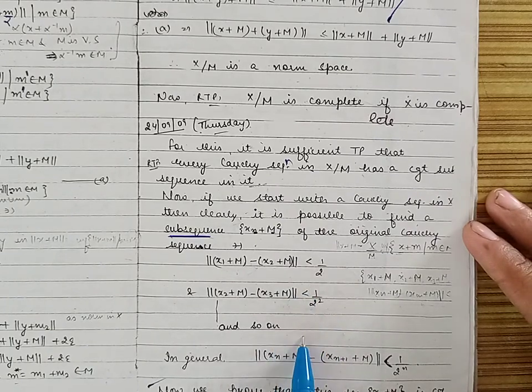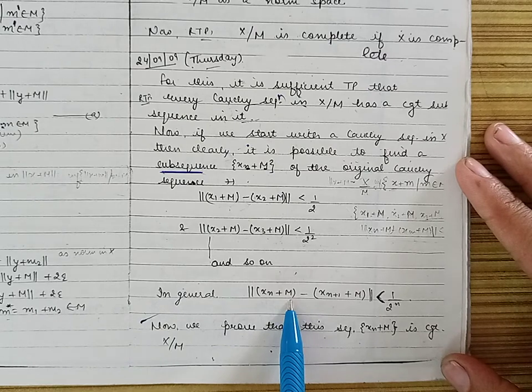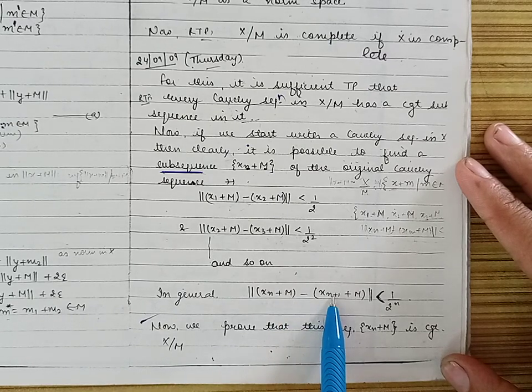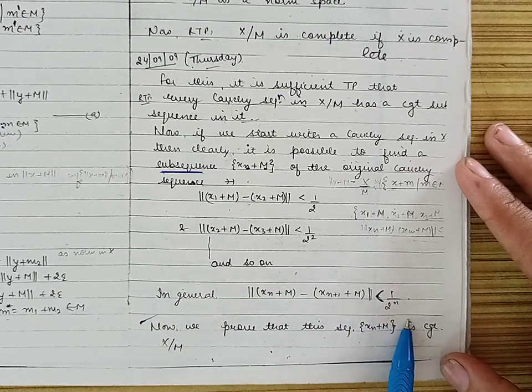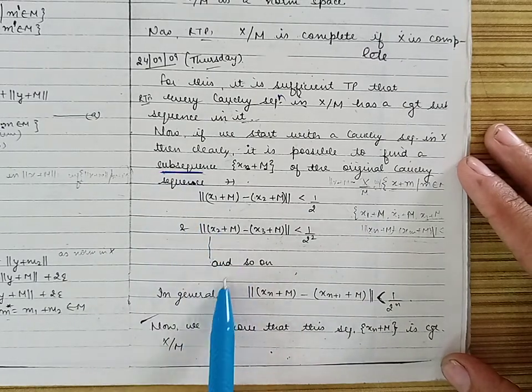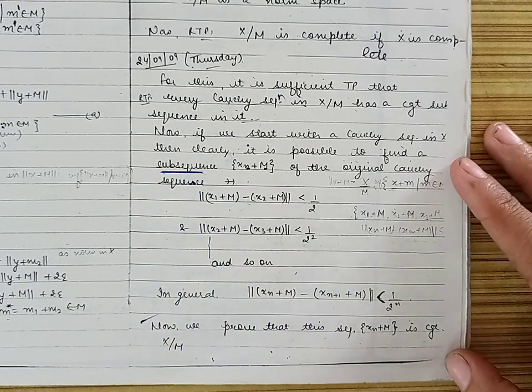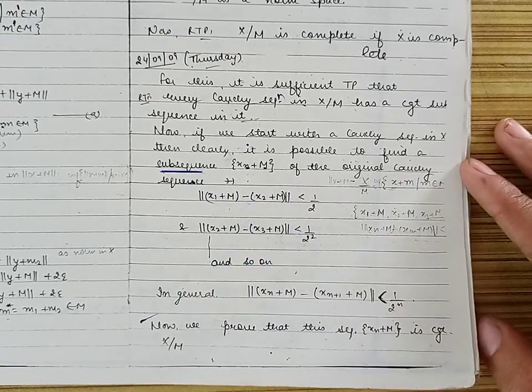And continuing like this, in general we have the norm of (x_n + M) minus (x_{n+1} + M) is less than 1 upon 2 raised to the power n. So in this way we have obtained a subsequence satisfying these inequalities. Now we prove that this sequence is convergent.